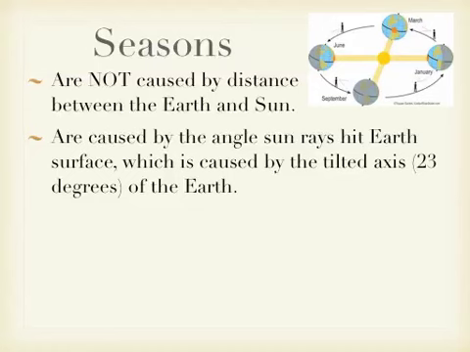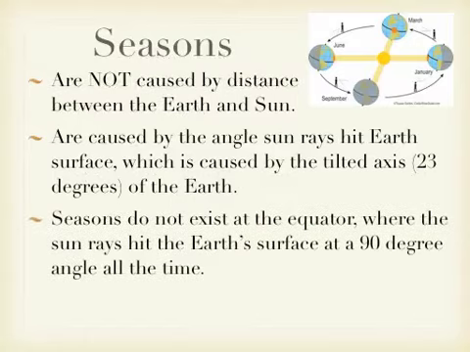So the Earth has an imaginary line through the middle of it from North Pole to South Pole. And the Earth does not stay in a straight up and down line. It tilts a little bit, 23 degrees. And because it tilts, then the sun rays hit the surface at different angles, and this is what causes the different seasons.